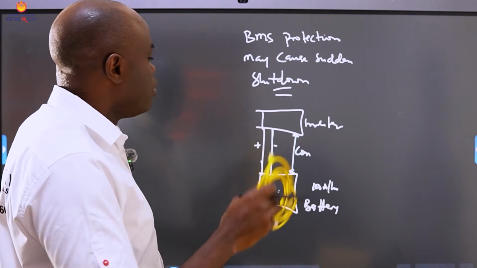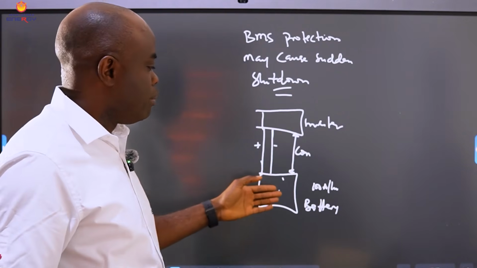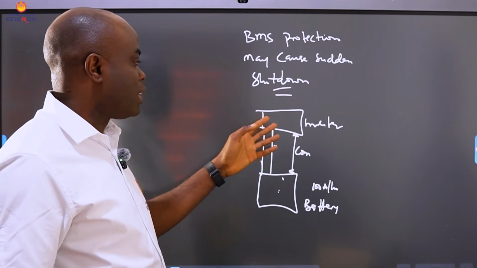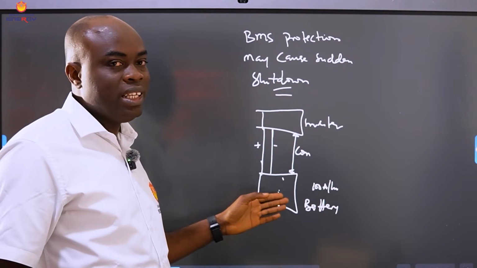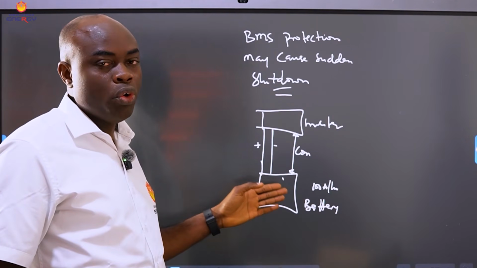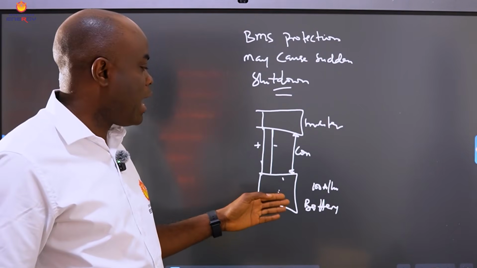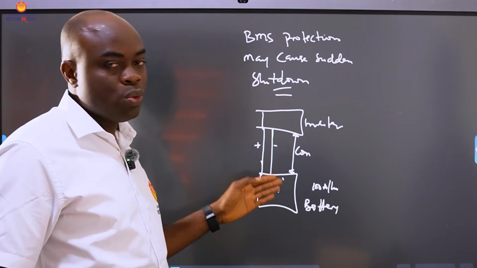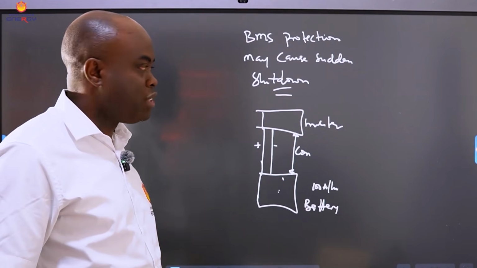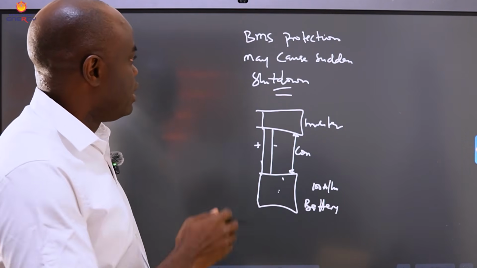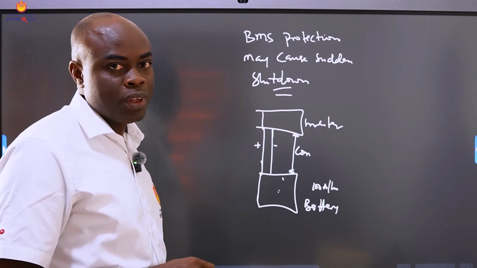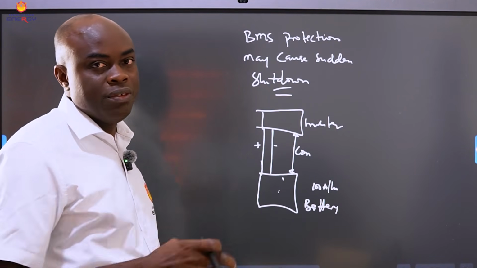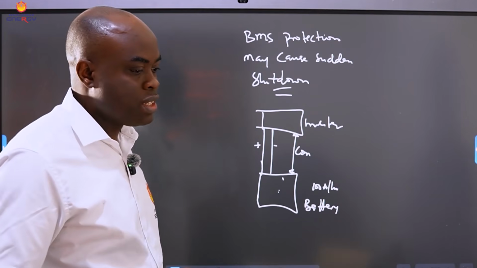But without this, the battery system and the inverter have no communication, and the inverter will keep sending in dangerous voltage, over voltage, high charging currents, and that will at the end of the day affect your battery. So it's very important. The BMS protection may cause sudden shutdown because what is being received is more than what is recommended.